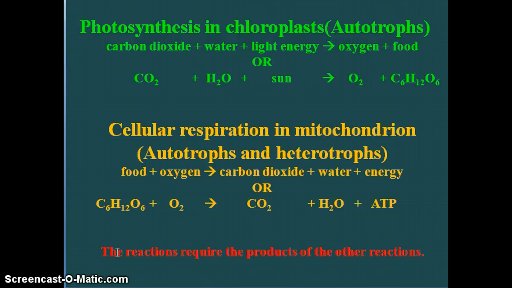So you have to know the reactants, or the ingredients, which is on the left, and the products, which is on the right. If you look at cellular respiration, the second process, it occurs in the mitochondria, which is the organelle. Autotrophs and heterotrophs both have mitochondria. The reactants, or ingredients, for cellular respiration include C6H12O6, which is our glucose, plus oxygen.